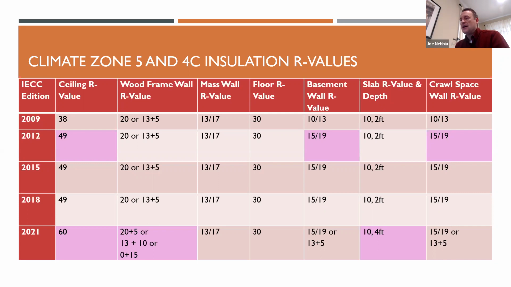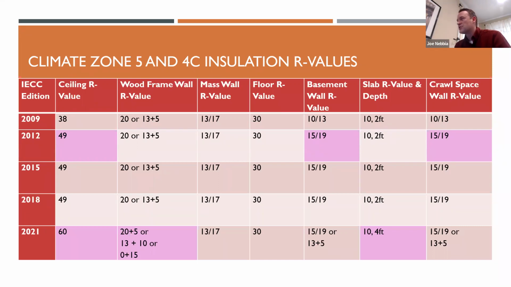And that's again, a continuous or cavity. Or you can do a 13 plus 5, which means 13 cavity plus 5 continuous in the basement. So that's a little confusing, because the 15/19 is an either or, but then there's this other option where it's both and. So keep in mind that that option is there.